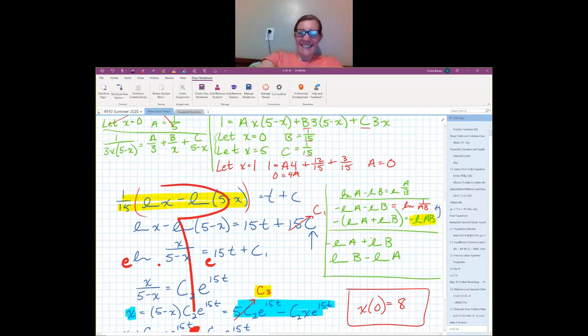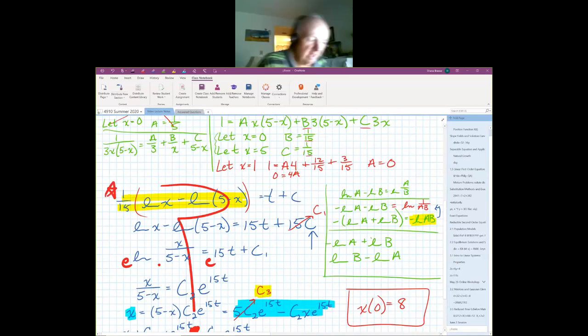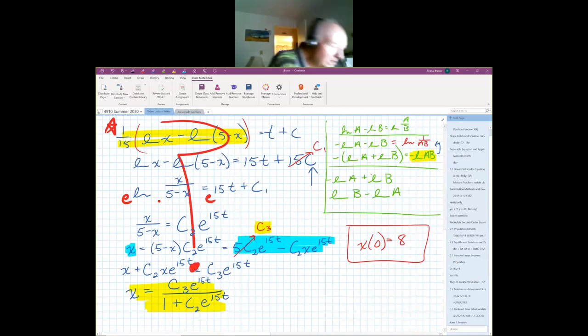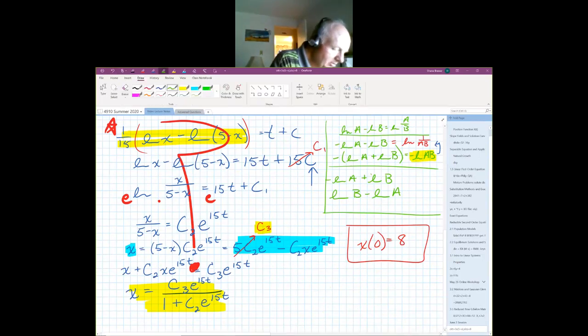I want to pick back up at the start. Let's just verify one thing to convince ourselves that the integral of 1 over 5 minus x is what we say it is. And so we do use substitution.